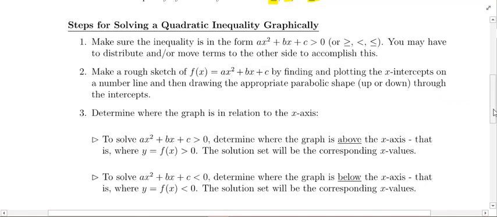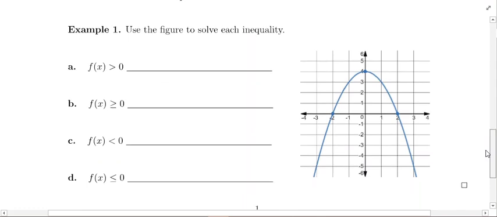Once we get through the examples here, this is a really good summary of what we do to solve quadratic inequalities. Once we get through the last example, I'll come back and read through this. This is very mathy. If we take a look at the examples first, this will make more sense if we read through it after doing them. So let's go ahead and jump to example 1.